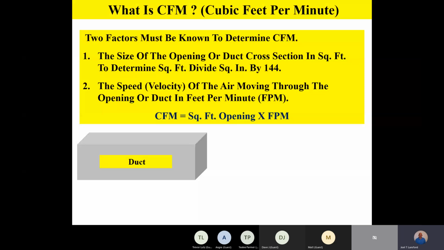So as we take all those readings together, we add them up, and whatever that number is, you divide by 6 to get an average velocity.